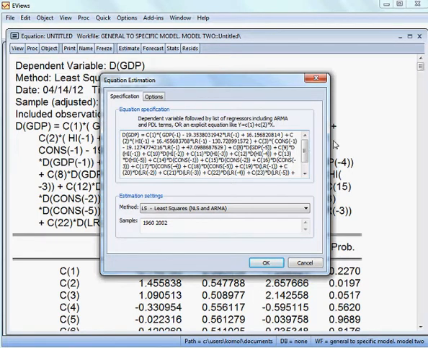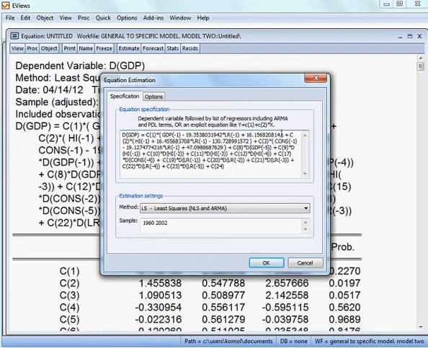But C13 is not, so I shall drop C13. Then I shall drop C14, C15, and C16. But C17 I shall be keeping, while C18 I shall be dropping because that is not significant.